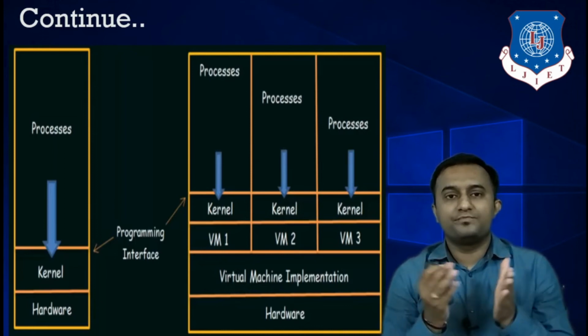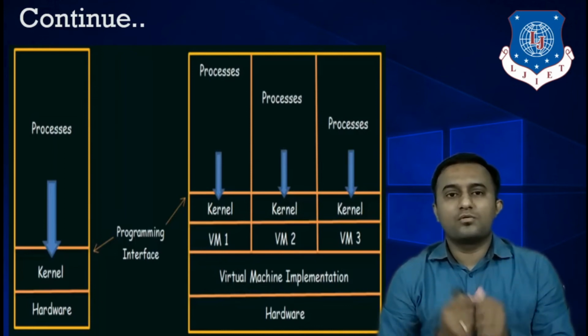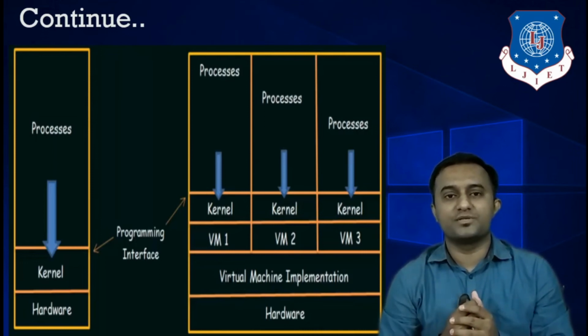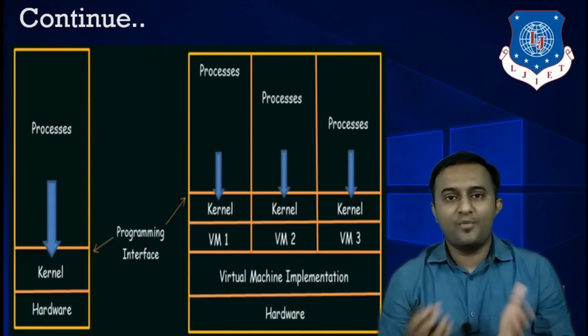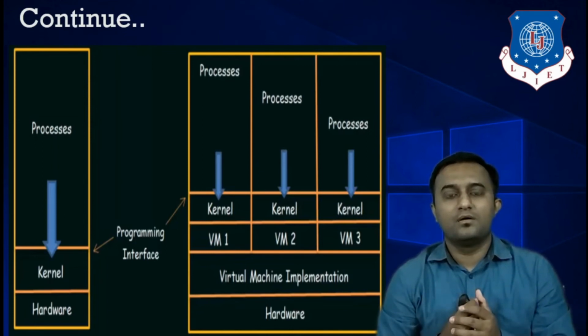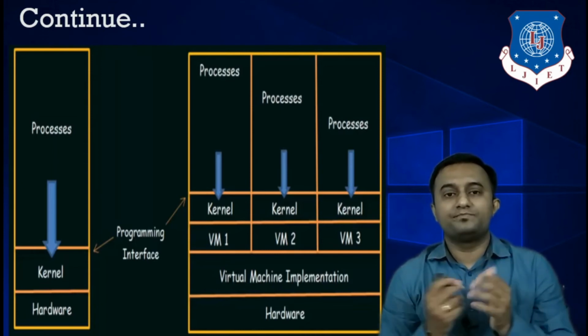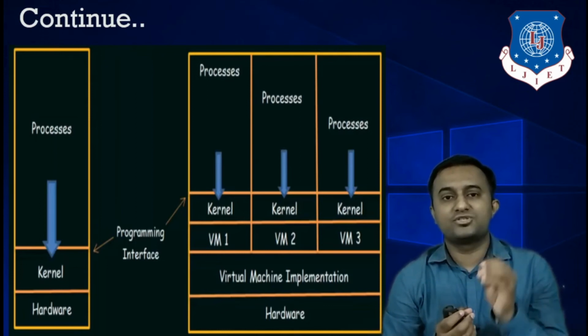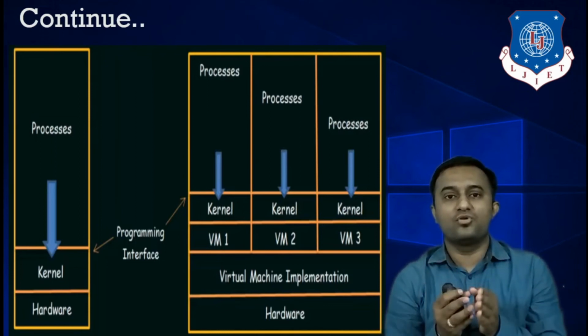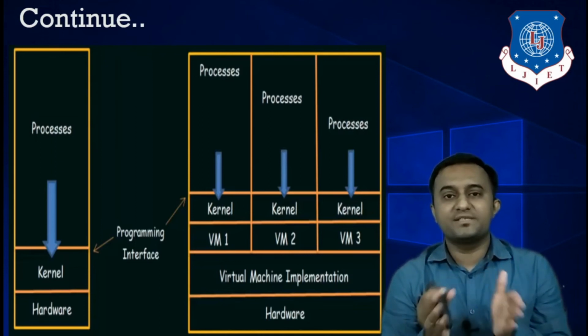Once you assign this space to the virtual machines, afterwards you can successfully install the 3 operating systems on the existing Windows. Now we have a total of 4 operating systems.